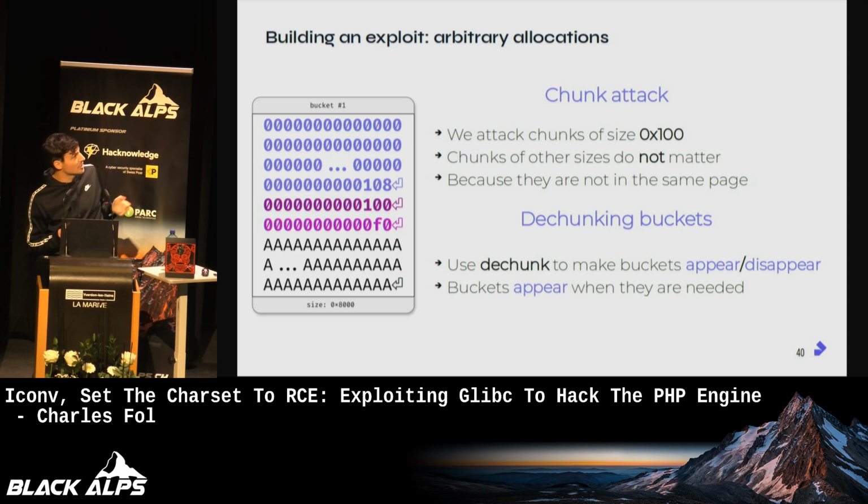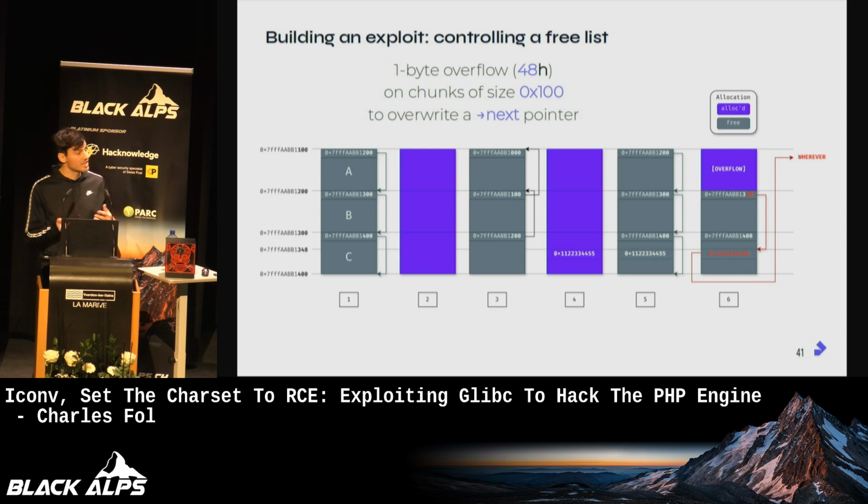As you can see in the example here, the first size that it will have is 108, then it will have a size of 100, and then it will be smaller than 100. And that gives you a way to resize buckets at will as the exploitation goes in, even though you're not actually interacting with the PHP server. So now we have basically everything that we need to build an exploit for controlling the free list.